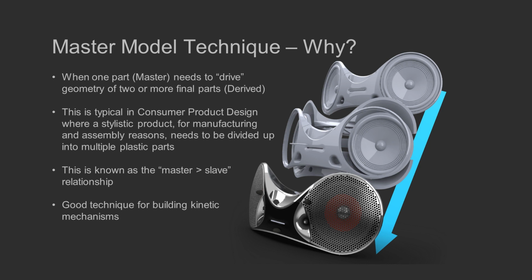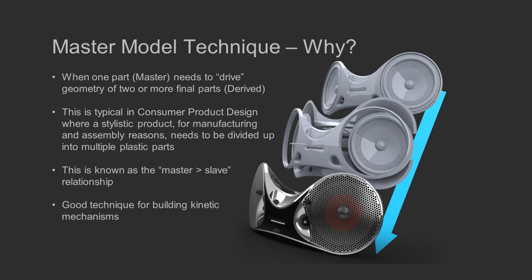And I mentioned consumer product design because consumer product design in many cases is made up of advanced shapes. That is, they aren't really prismatic and they aren't really easy to associate to one another in an assembly or through other methods. The most effective way is to create a primary shape of the product and then divide it up.